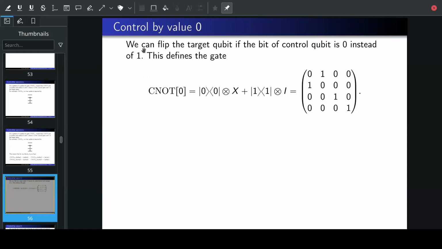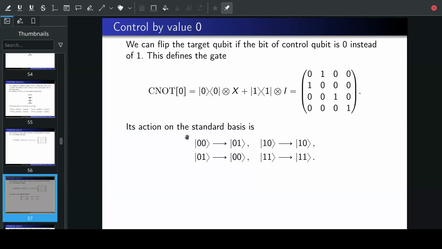We can also control by value 0 instead of value 1. In this situation we will have the following gate. So we can define this gate by this expression, and it will be this matrix, and its action on the standard basis will be the following.